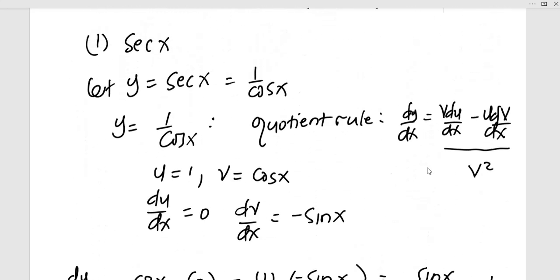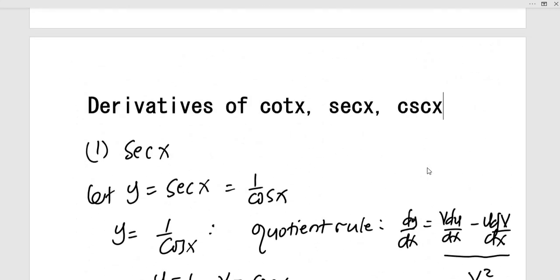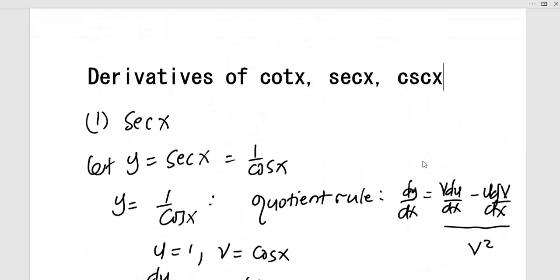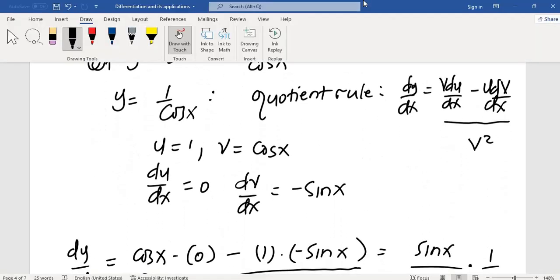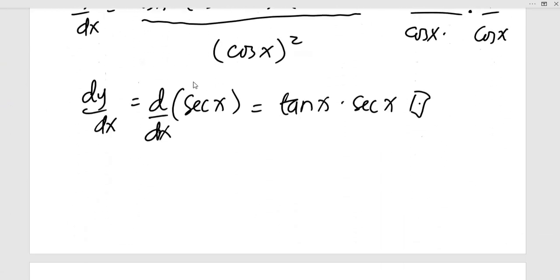Now let's look at cosec x, that is number 2. Cosec x is equal to 1 out of sine x.